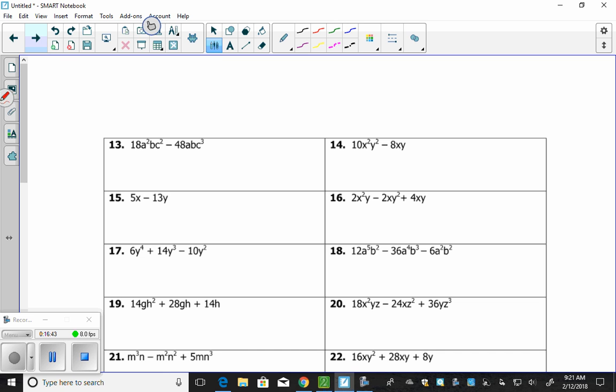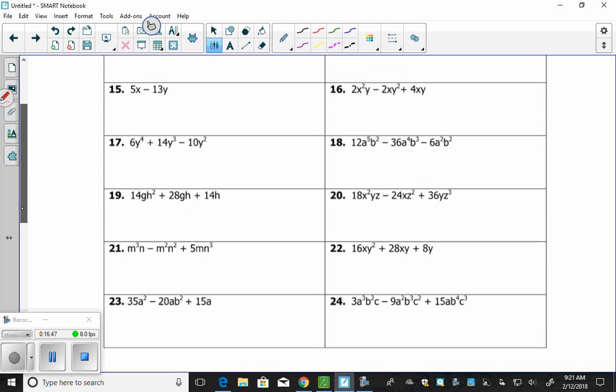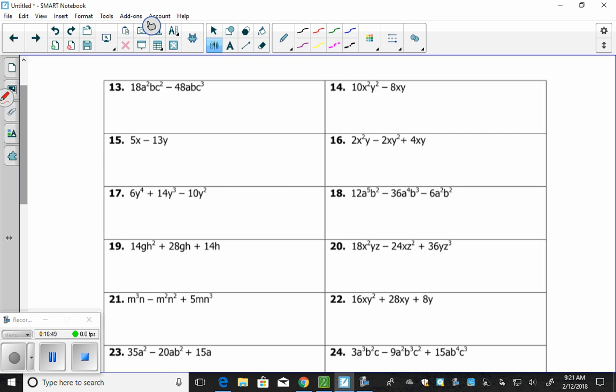All right, let's look at 13. I have 18 and 48. What number will go into both? Here's a bigger number. Bigger. 6. Yes. How many A's do they have in common? 1. How many B's do they have in common?